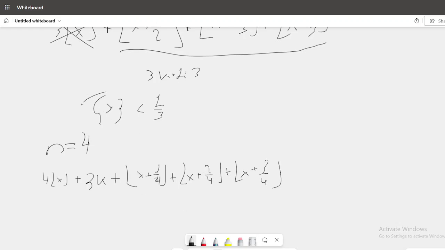Well, since we know this fact, we know this is k as well, and this is k as well, because the fractional part of x is less than 1 over 3, right?